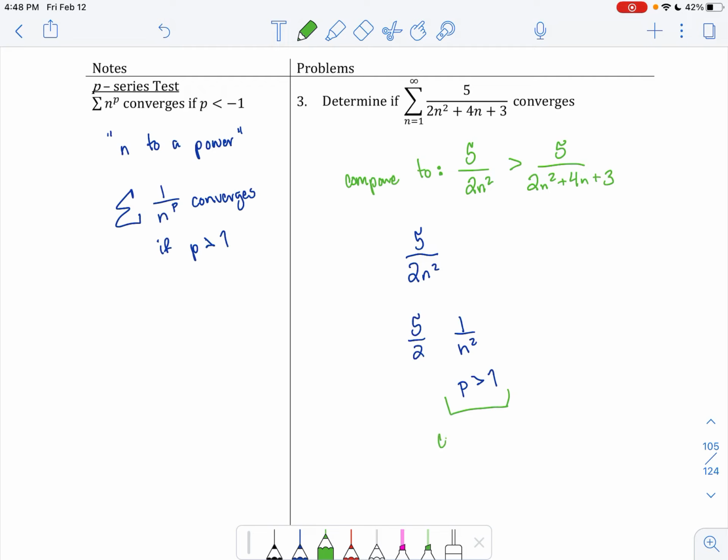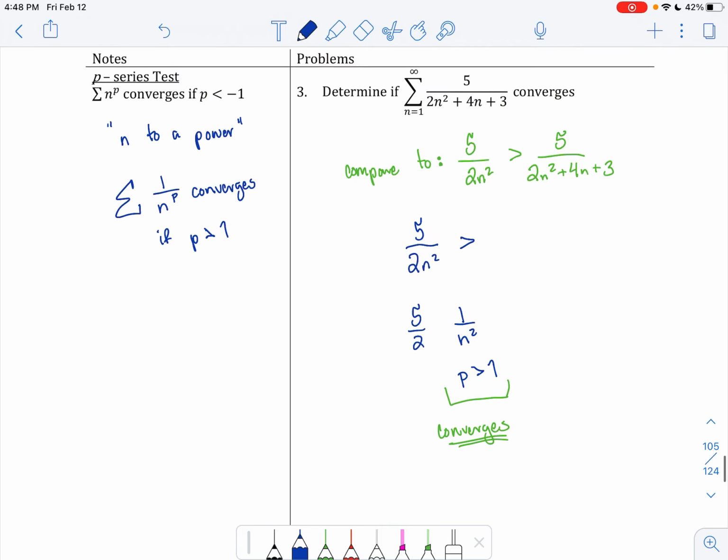So here we know that this converges by the p-series test. Since the larger one converges, that means my original series is also convergent.